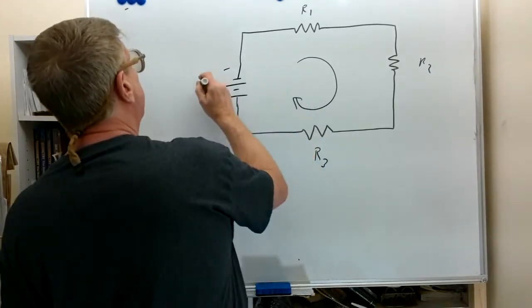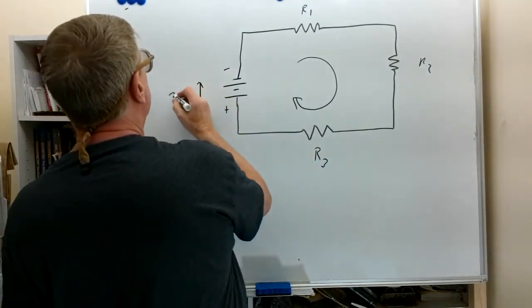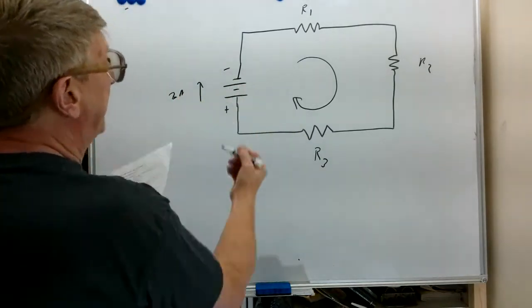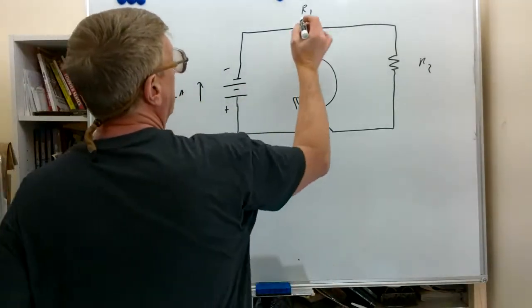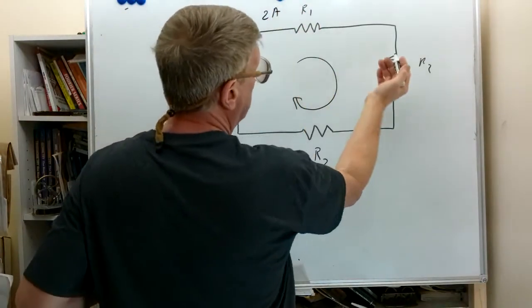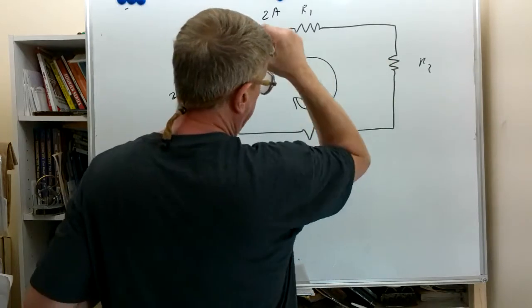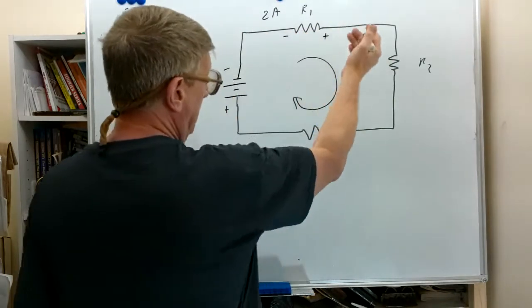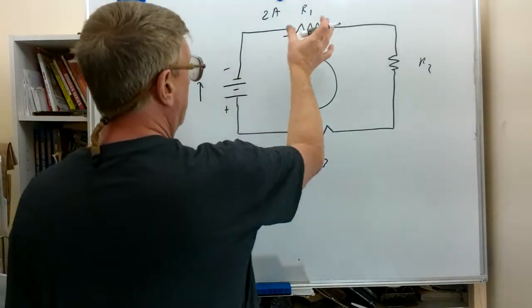So we'll have the 2 amps flowing through this voltage source, the battery, inside the battery, plus to minus. We'll have the 2 amps here flowing through the R1, and inside of R1 it'll be going from minus to plus. This is a source, this is a load.